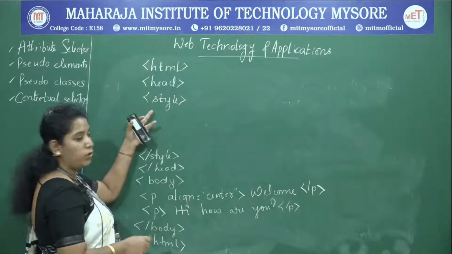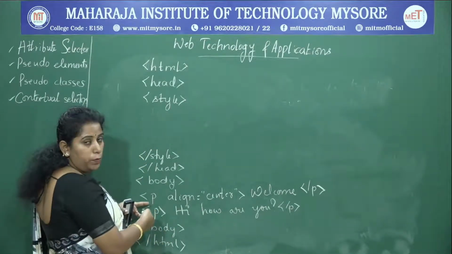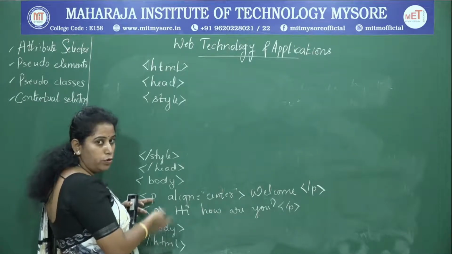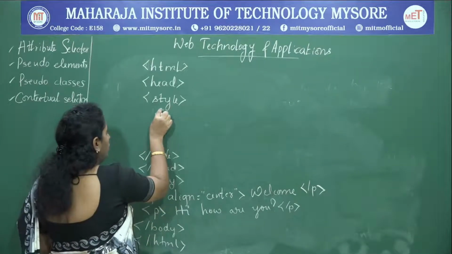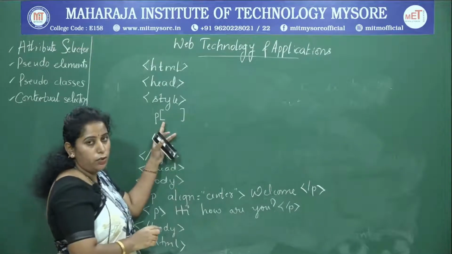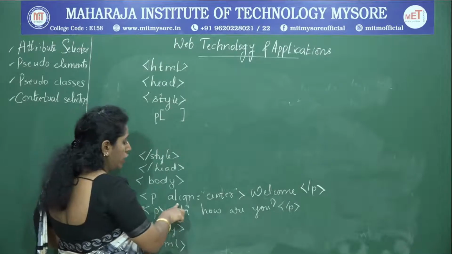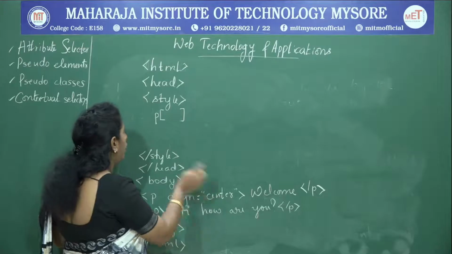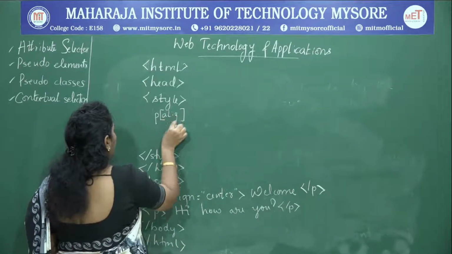Now, how to write a style rule here? For which HTML element are you supposed to set the style rule? P. So take P. The attribute selector syntax says that you are supposed to enclose within a pair of square brackets. Here you can select either with the attribute or by a value. I am taking the attribute align.